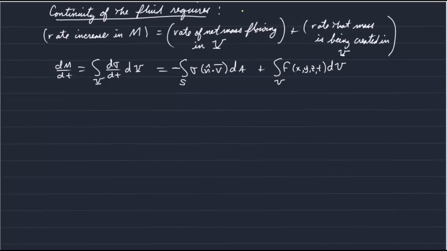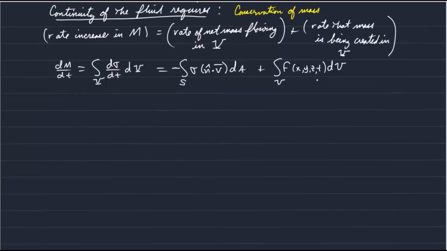So this continuity equation is also a statement of the conservation of mass. It states that any mass change within the volume is related to any mass leaving the volume plus any mass created within the volume.